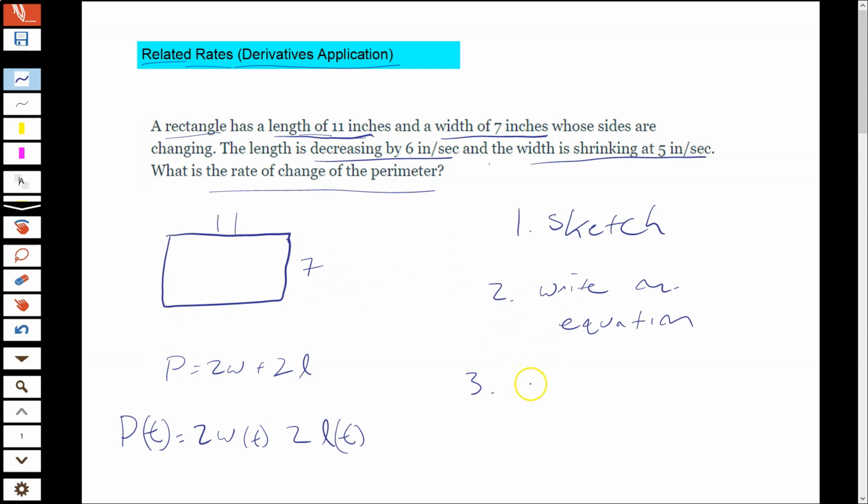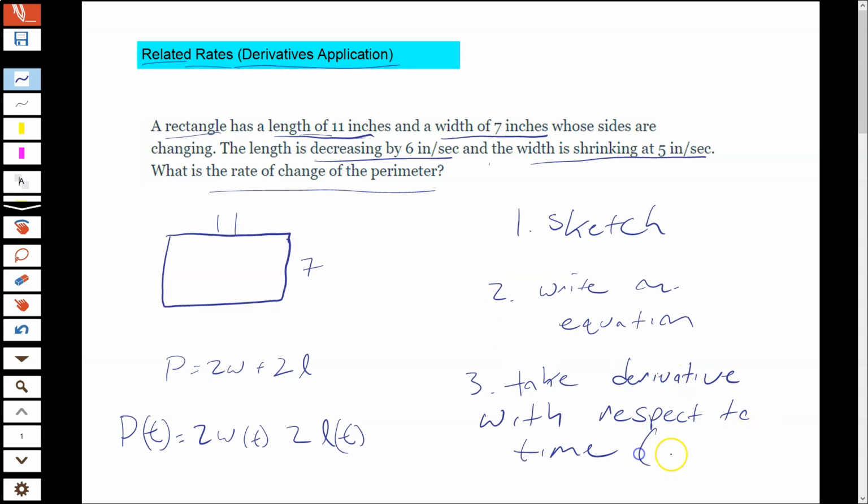Now often, as we find in this section of calculus, our next step is to take the derivative, right? But more specifically, take the derivative with respect to time. And I'm going to add in here chain rule.